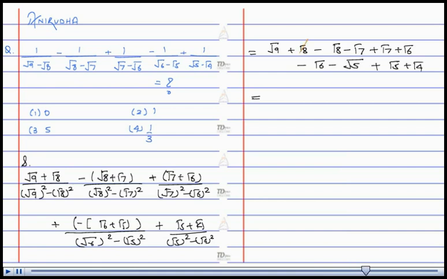Cancelling the terms, we get the final answer as root 9 plus root 4, or 3 plus 2, or 5. Therefore our answer is option number 3.